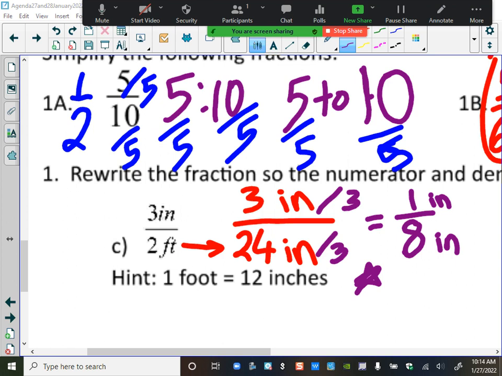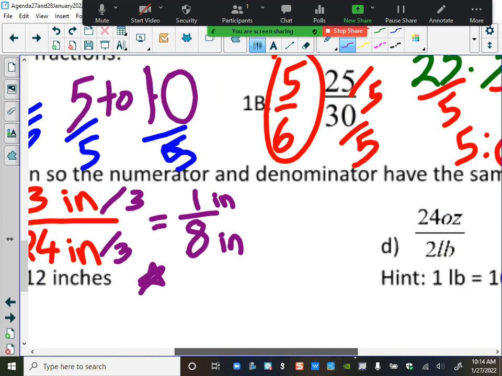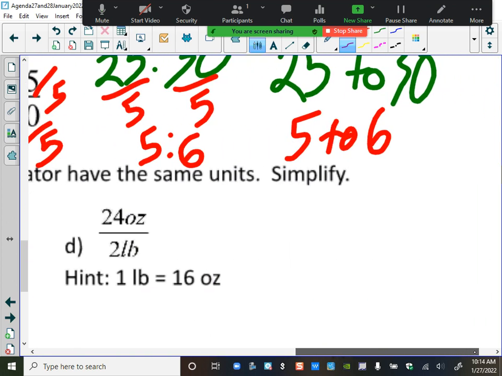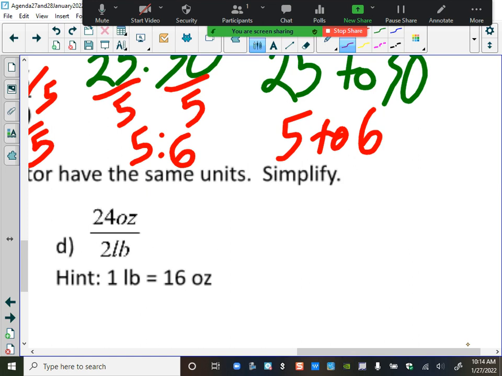All right, now look at the next one, you have a similar situation. I have 24 ounces over 2 pounds. So if ounces over pounds, it'll be 32 ounces. Where's the 32 ounces going?